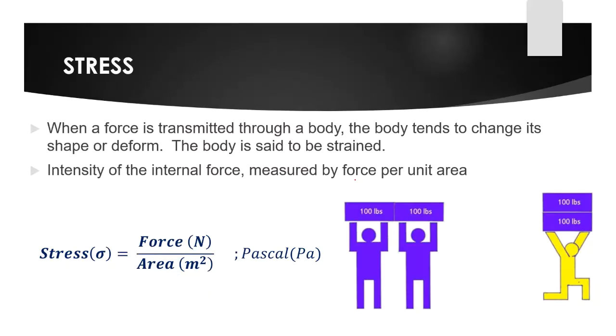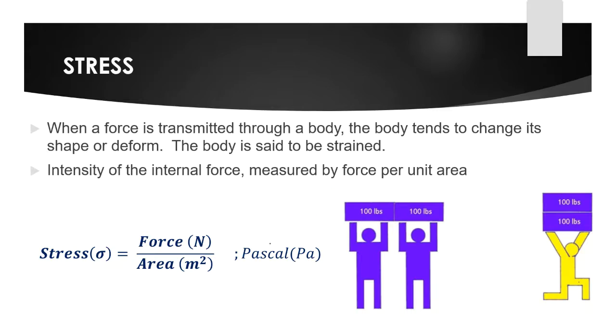So first, let's focus on discussing stress. So stress is when a force is transmitted through a body, the body tends to change its shape or deform. The body is said to be strained. Intensity of the internal force is measured by force per unit area.